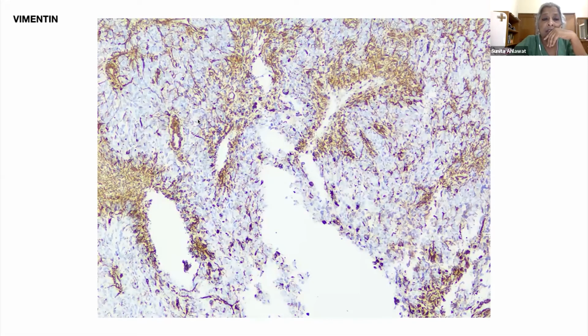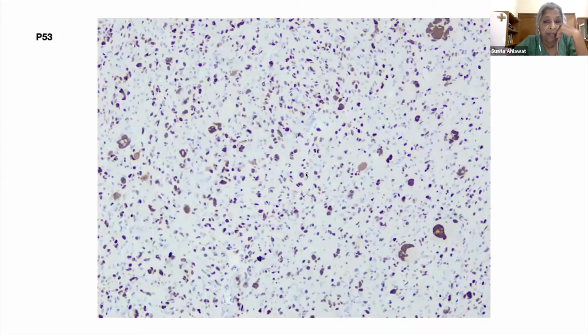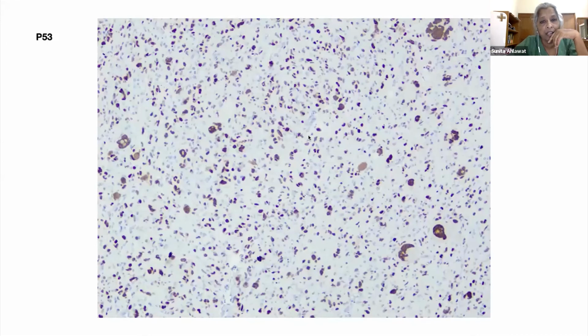You can see that the round cell areas are vimentin negative and the glial areas are vimentin strong positive. P53 is mutant both in the round cell area as well as in the glial area.